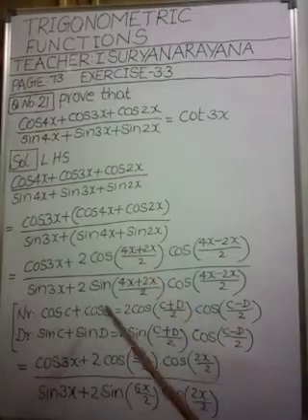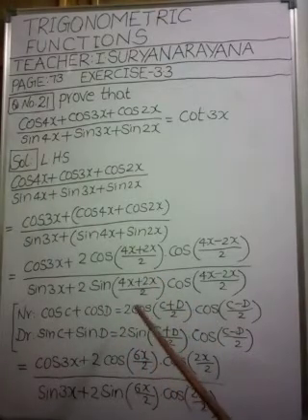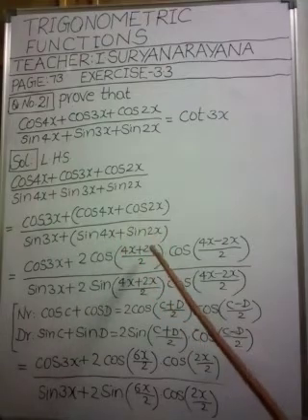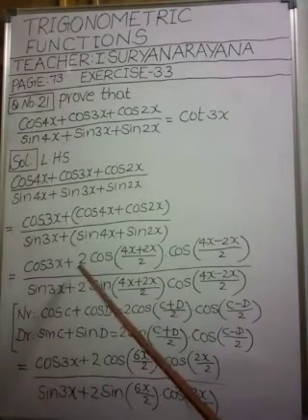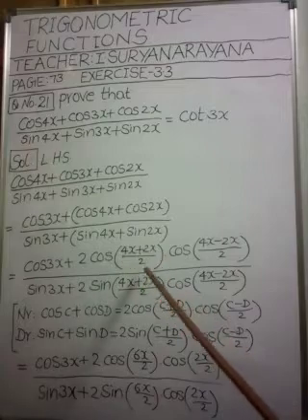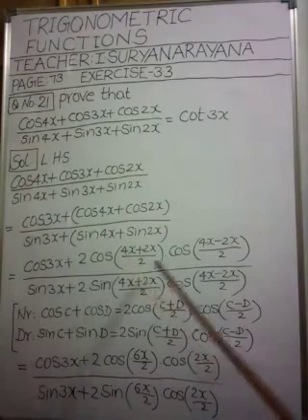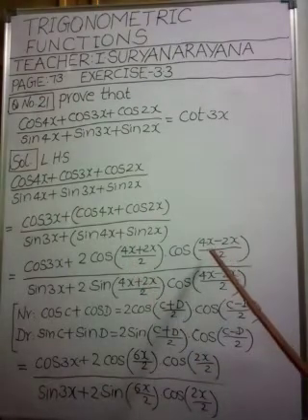Substituting, we get 2 cos((4x+2x)/2) into cos((4x-2x)/2). Understood this second term in the numerator, my dear children?